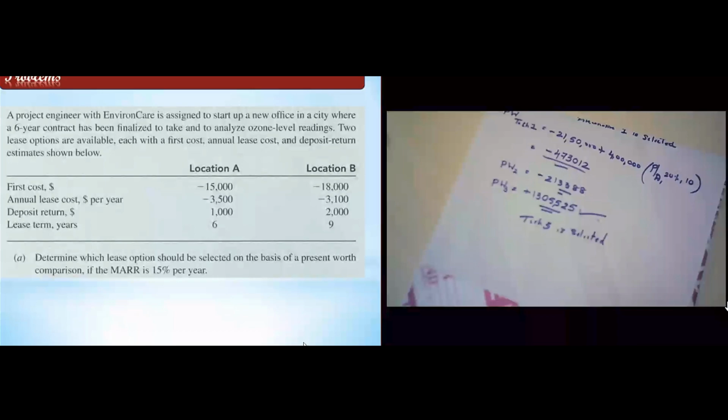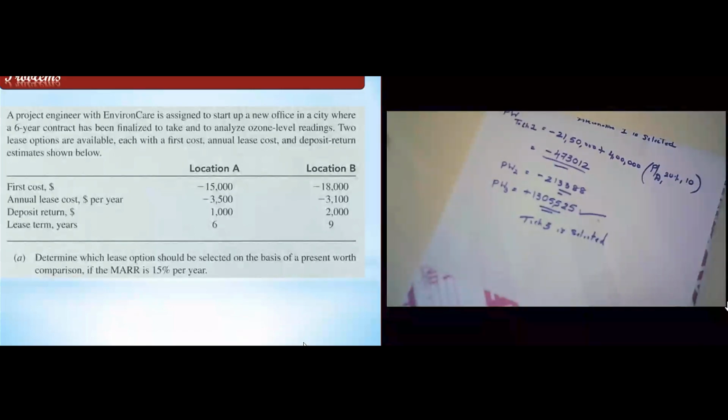Sir, in this case, the salvage values of $1,000 and $2,000 are after 6 years and 9 years respectively, right? Correct. So how will we scale these two values to 18 years? We are not going to scale anything. We cannot scale it, because they have given that at the end of 6 years this is nothing but the salvage value, that is, the deposit return.